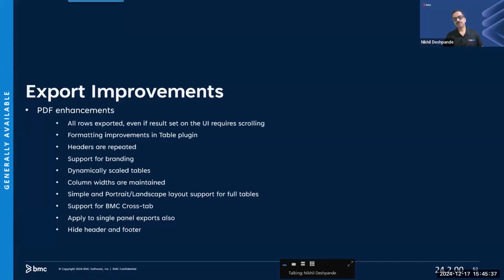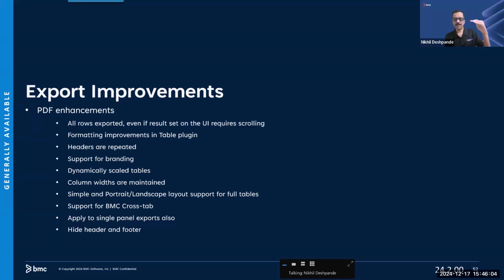We have seen that many of our customers use the export functionality of dashboards, with which they export dashboards to PDF or XLS formats. So in recent times, we have made several improvements to PDF and Excel reports. So formatting of various plugins, table and record details.